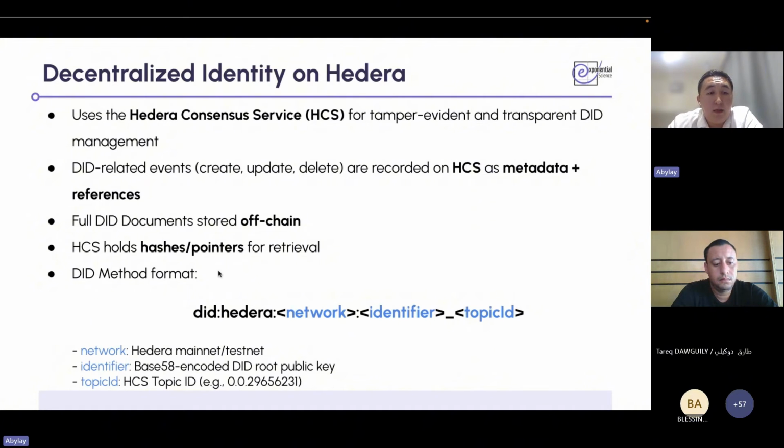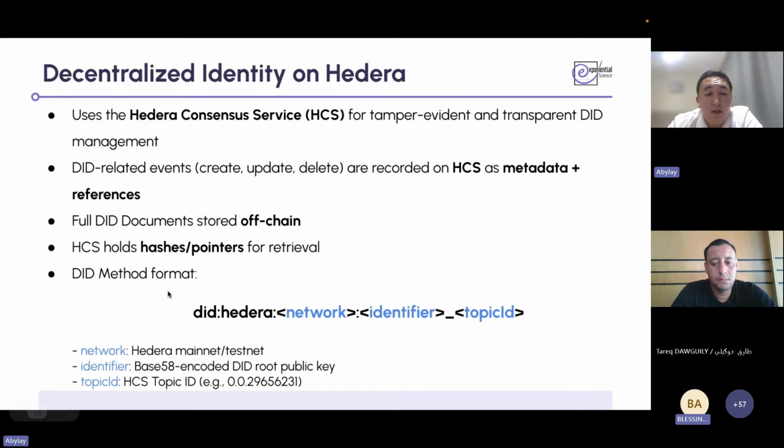So basically, we have just hashes and pointers for retrieval. The DID method format looks like this: DID Hedera is the method. We have the network, which could be mainnet or testnet. Then we have the identifier and topic ID.